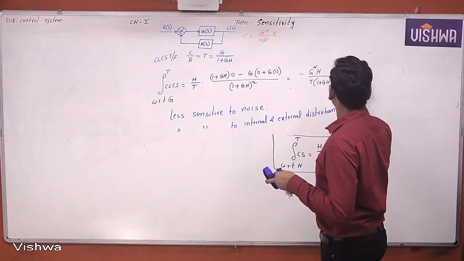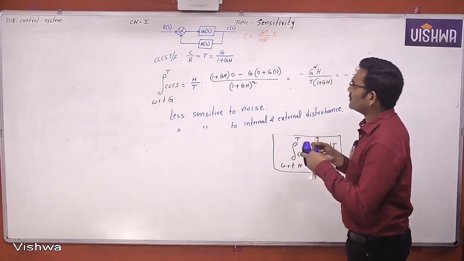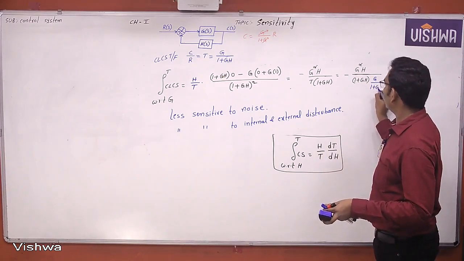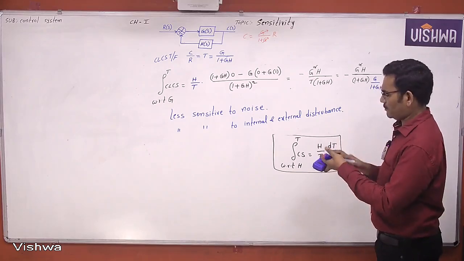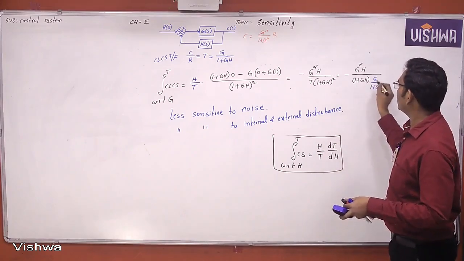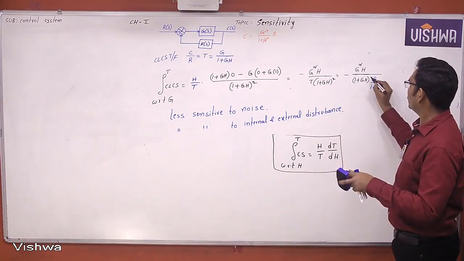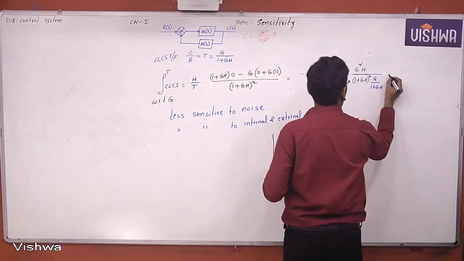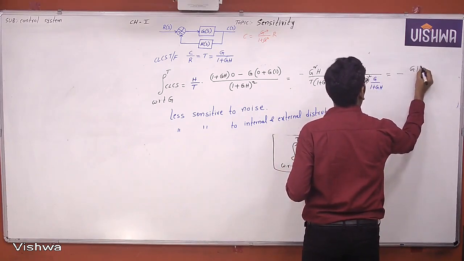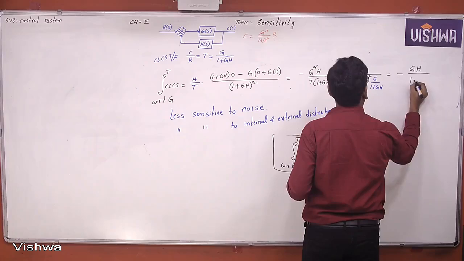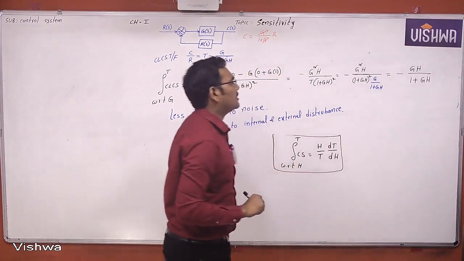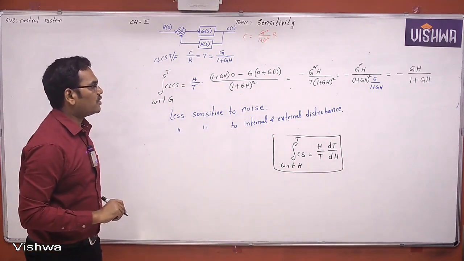What is T? Now T is nothing but G by 1 plus GH. So this G cancels. Finally the answer is minus GH divided by 1 plus GH.